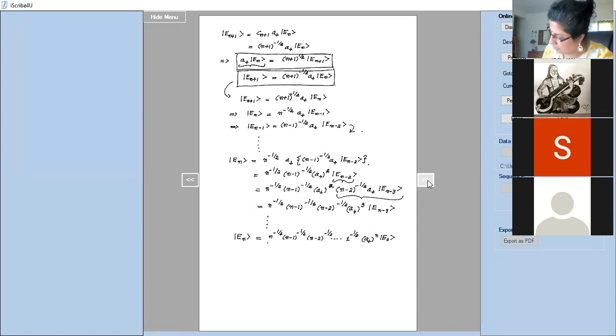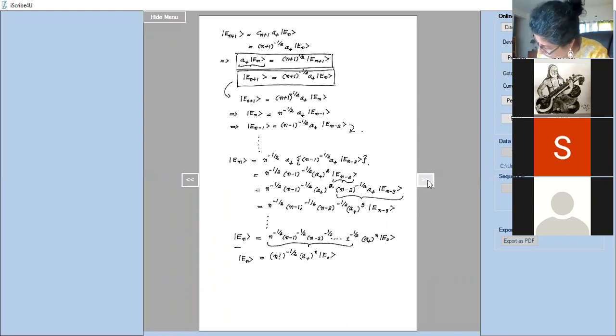But look at this quantity here. This is nothing but n factorial. All of you know factorial, right? n into n minus 1 into n minus 2 all the way till 1. n factorial to the power of minus half, A plus applied n times to E0. This is your En.